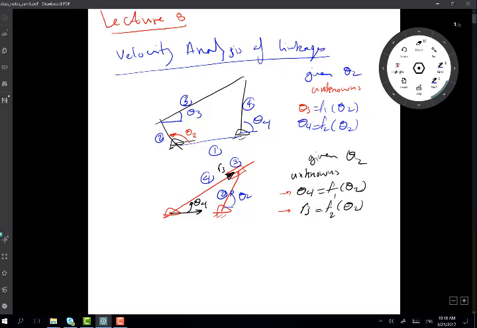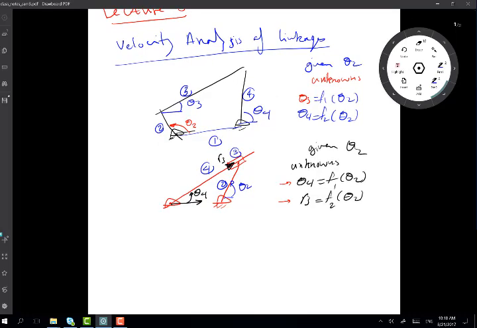So those would be in my position analysis. I have a given, and then I have unknowns I want to find as functions of the given value or the given parameter, right?